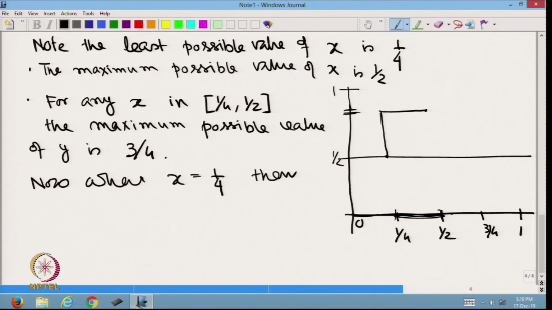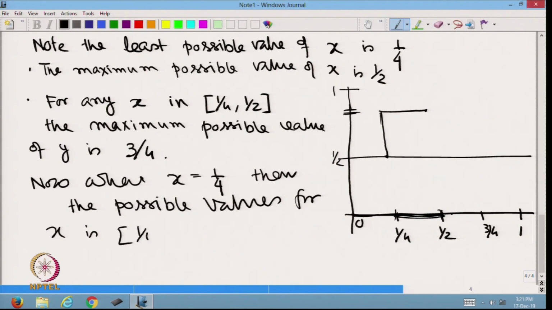Now, let us consider, okay. So, this we have discussed. Now, suppose x is somewhere here. What are going to be the possible values for y?